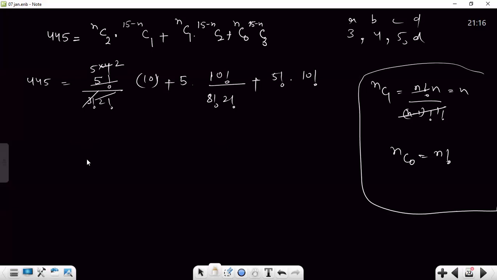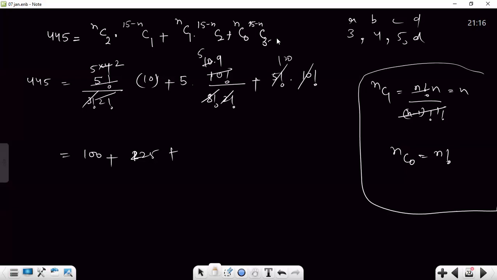So 10 into 10 becomes 100. This cancels this by 10 into 9, 2 cancels this. 25 into 9 is 225. 5 factorial is 120. 10 factorial is, my god, out of our limit.